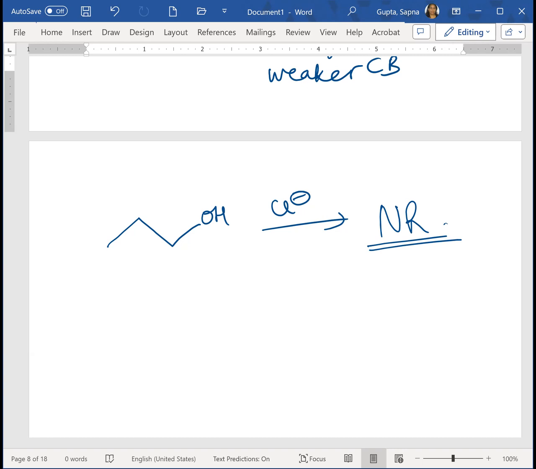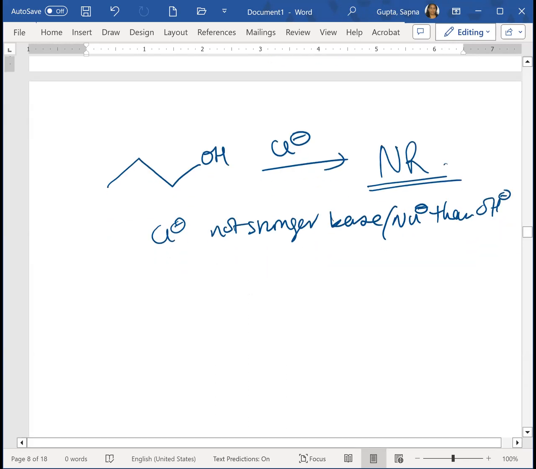And you're going to write that as a reason for me. You're going to tell me that, because fluoride is not a stronger base or nucleophile than hydroxide. You need to write this to understand it. So that's kind of what we're talking about here.